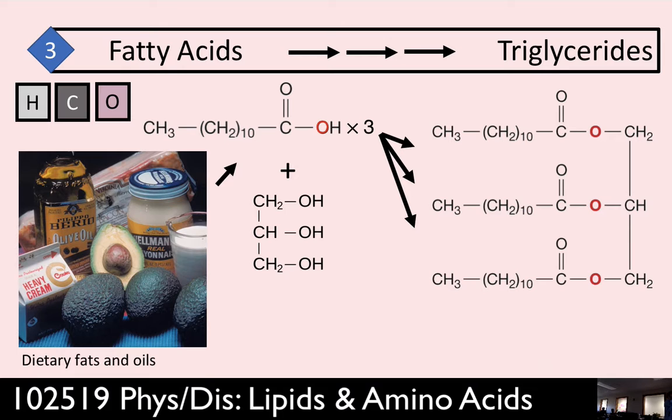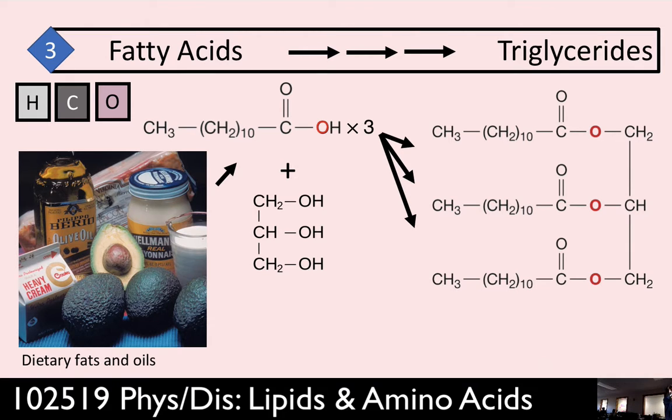All the other bonds are hydrogens. I'm not going to draw them all in. But that last carbon is what's called an organic acid. And I've talked about those in here before, carboxylic acids.